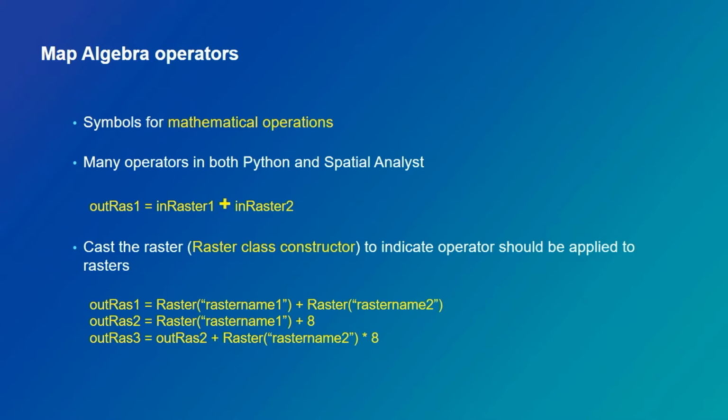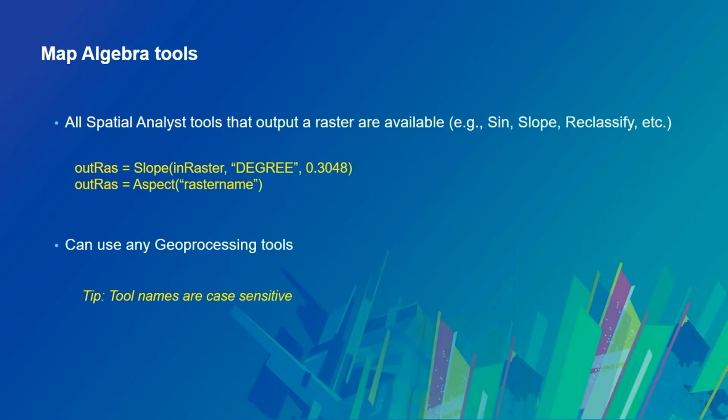And if you are working with a raster, you have to cast it as a raster object, and we'll talk more about it. So here's some examples, right? Adding two rasters here, adding a raster with a number, and taking the output of one expression and using it in another expression. You will see in the examples, we'll do a lot more of those quickly.